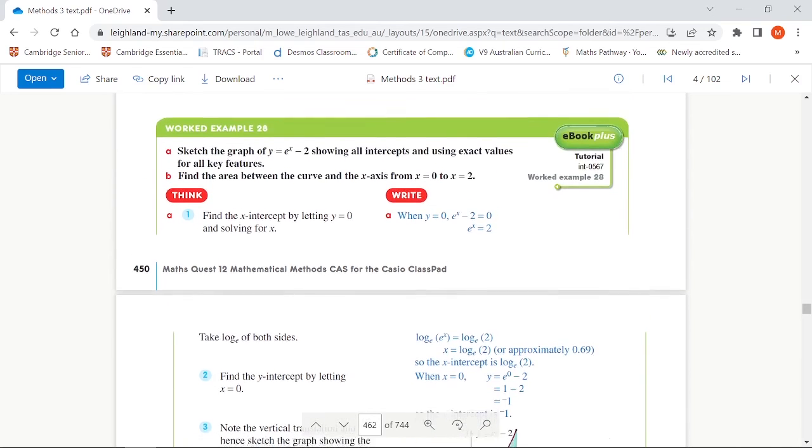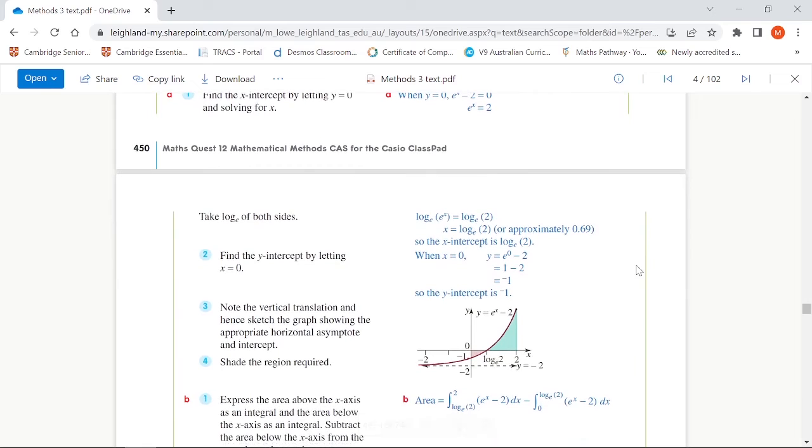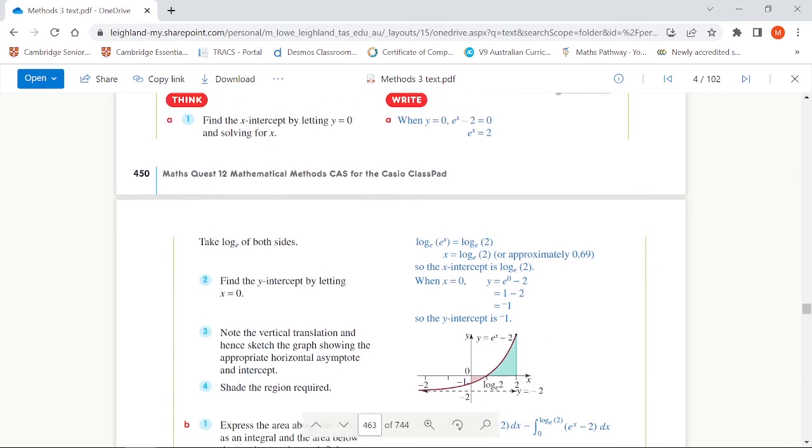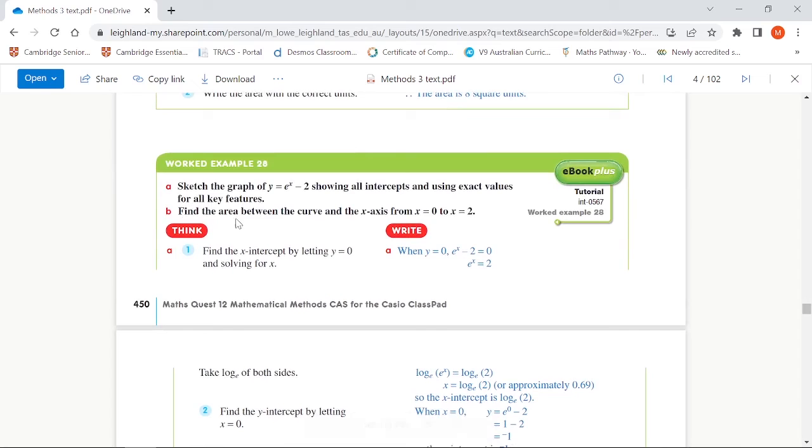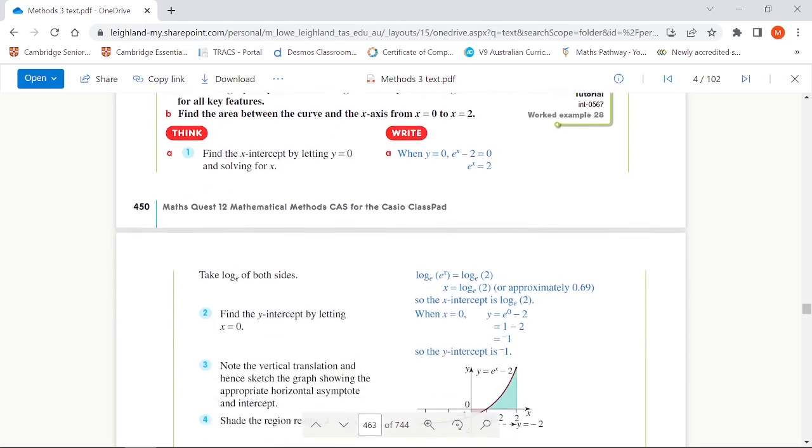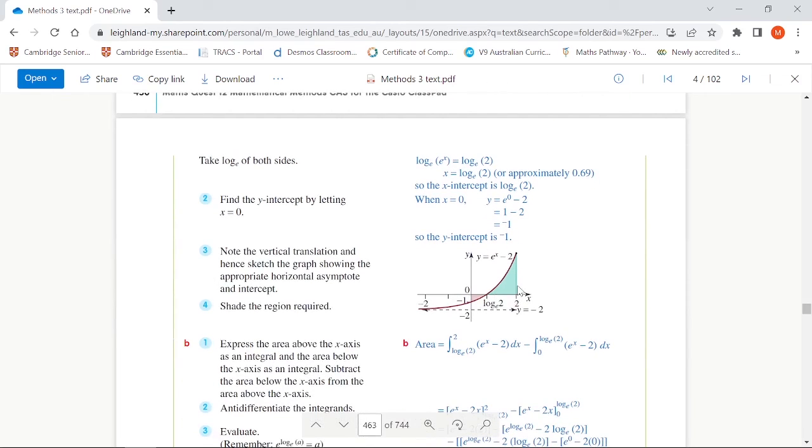So what's it asking? It's asking to sketch the graph. Sketching the graph, we've got our key points here: the y-intercept, the x-intercept, and also this point corresponding to the x value of 2. We stop at 2 because we want to find the area between 0 and 2, so it makes sense to put in this value when x equals 2.